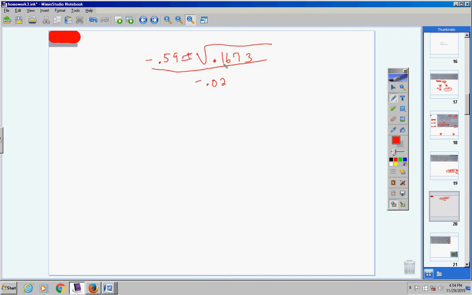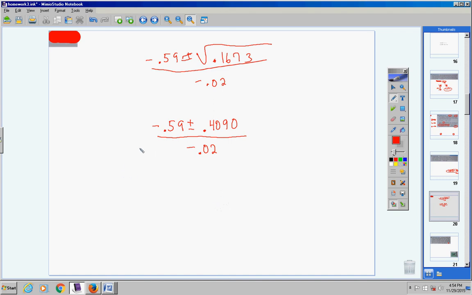Now, if you find the square root of 0.1673, you're going to get 0.4090 over negative 0.02.